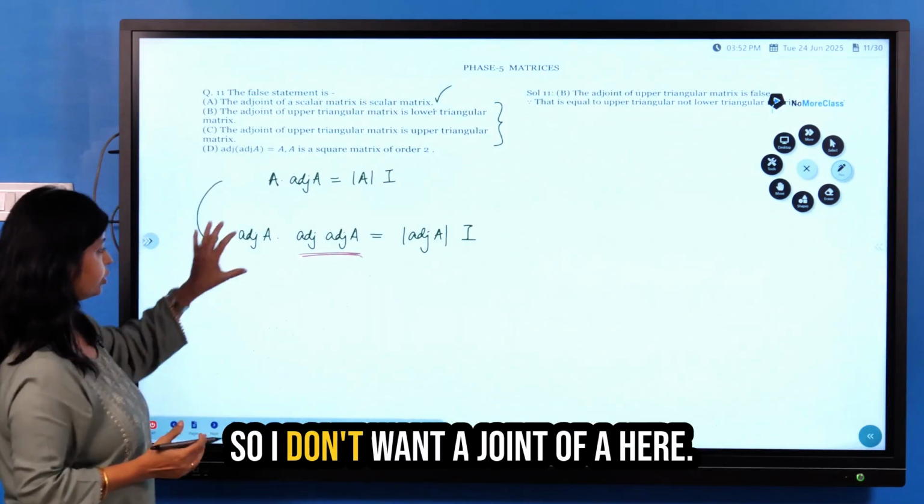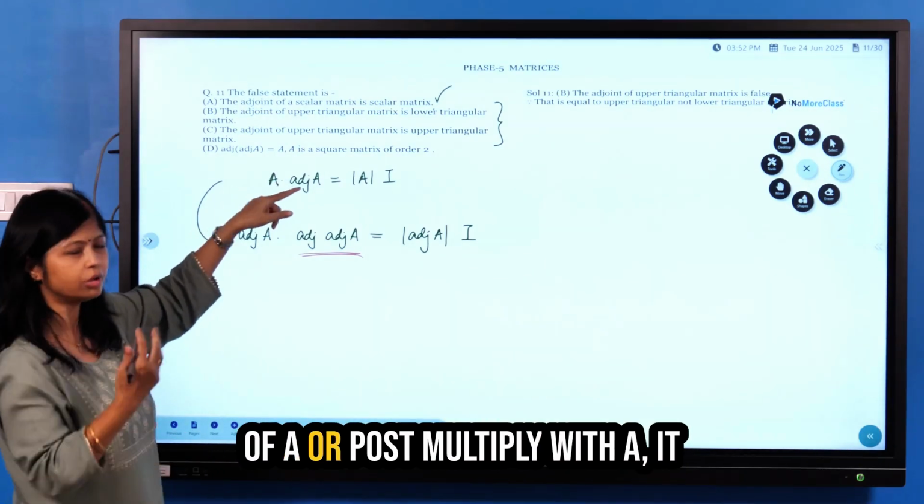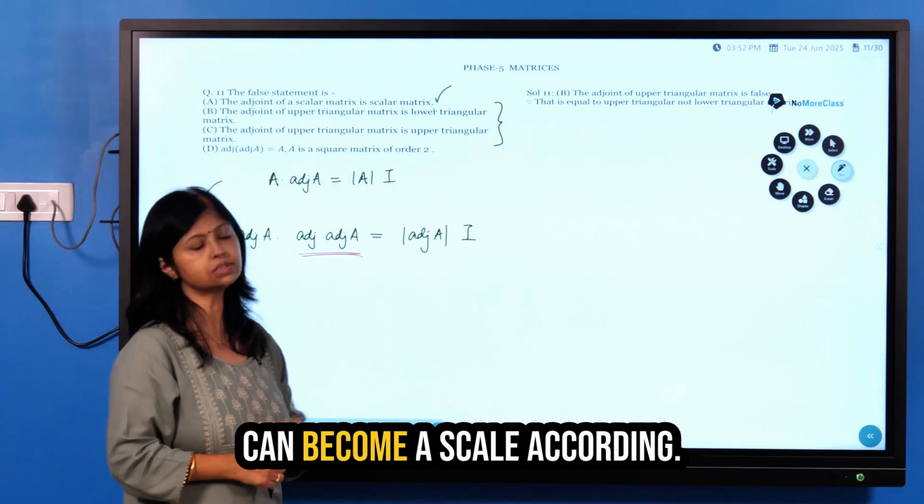Now I want to find the value of this. So I don't want adjoint of A here. From here we can see that if you pre-multiply or post-multiply adjoint of A with A, it can become a scalar quantity.